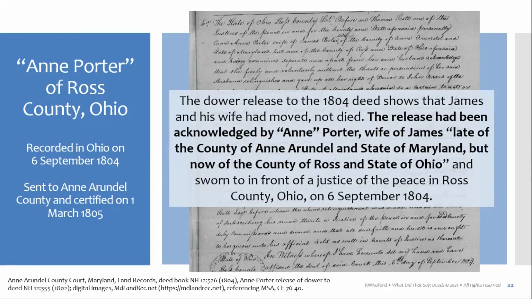So she was in Ross County, Ohio in September of 1804, and signed off her dower at this point, and then it got mailed up to Anne Arundel County and certified in court in March of 1805, because probably they were trying to clear title to sell something again.